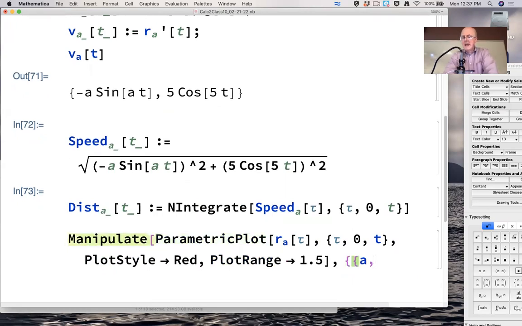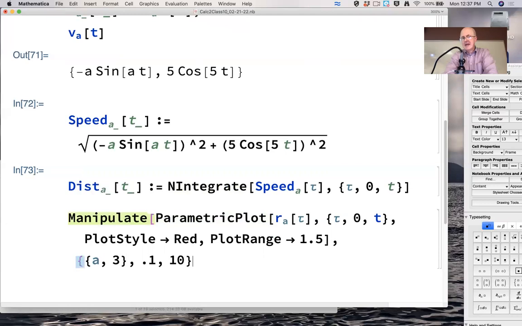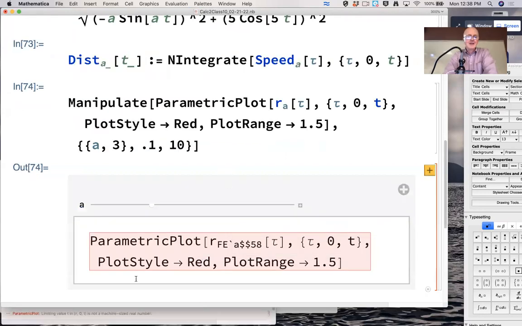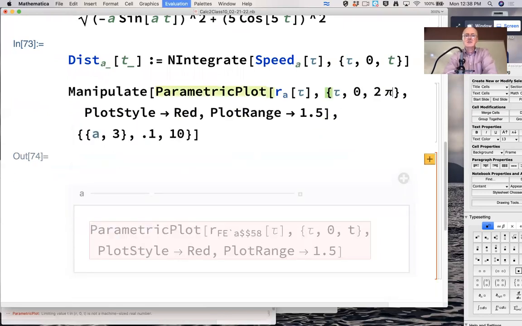Last Friday, again, A was 3, but I want to allow myself to change A, and this is the syntax for how to do that. This syntax will have A start at a value of 3. I'll have a slider that'll allow me to lower A to as low as 0.1 or increase A as high as 10. And hopefully not get mistakes. Let's see. Well, oh, we also need, I need to use a 2 pi here. Excuse me, not a t. That's why.